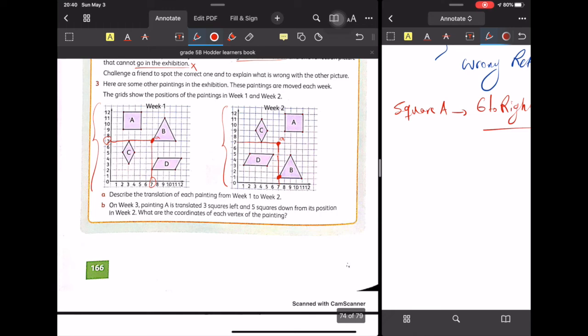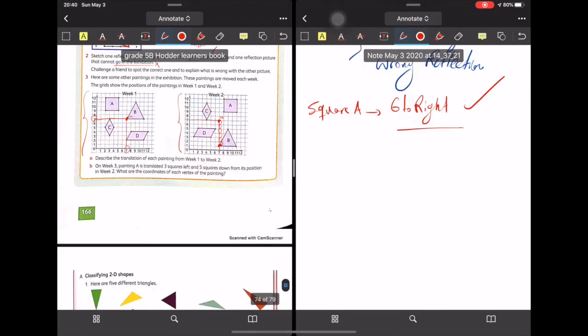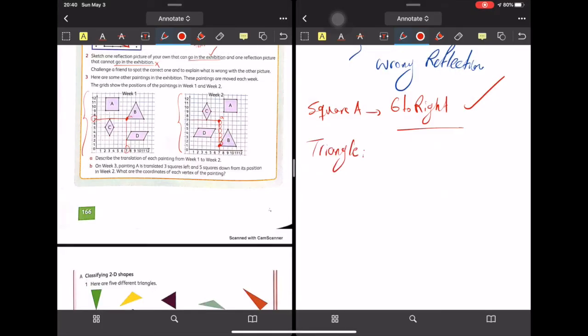Let's see, what is the direction? 1, 2, 3, 4, 5, 6. So triangle B translated 6 steps downwards.